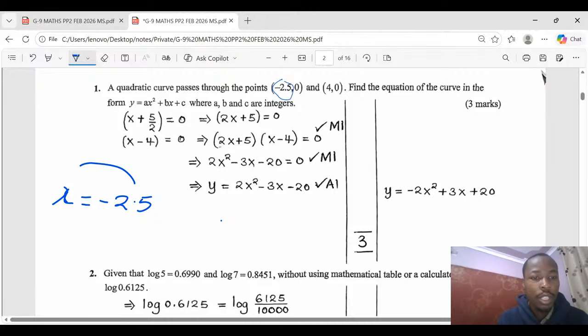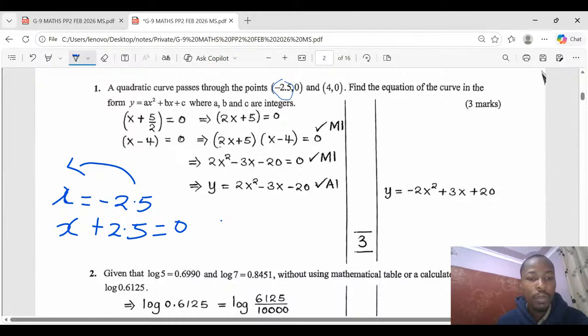If you bring this to the other side, it becomes x + 2.5 = 0. 2.5 is the same as 5/2, so you can write x + 5/2 = 0.